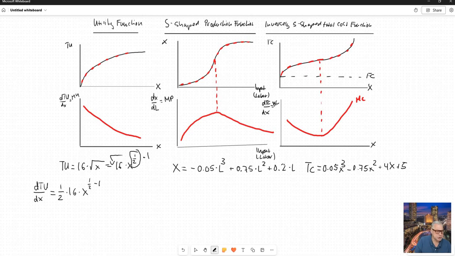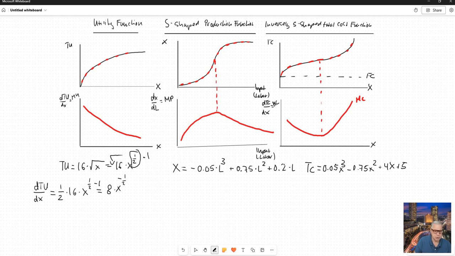Okay, so now we can simplify a little bit. This gives us 1/2 times 16, well that's 8. Then we still have x raised to the 1/2 minus 1, that is x raised to the negative 1/2.